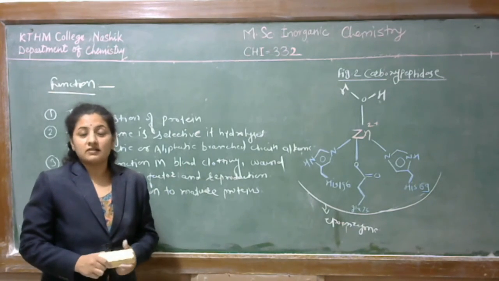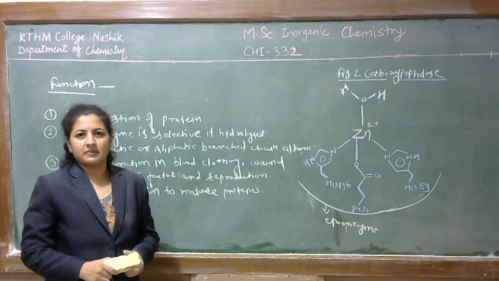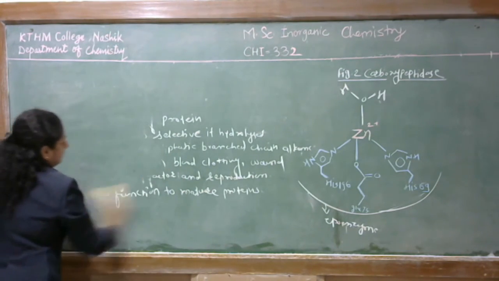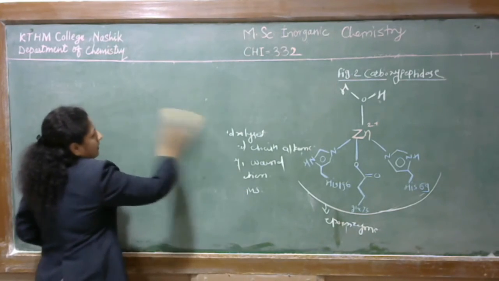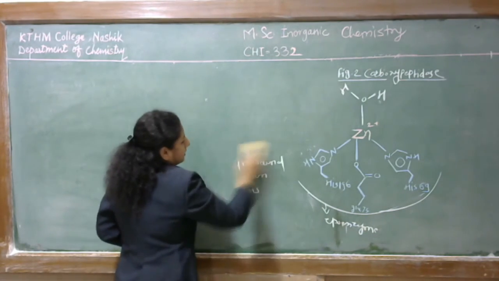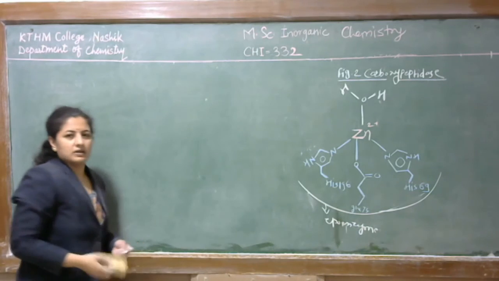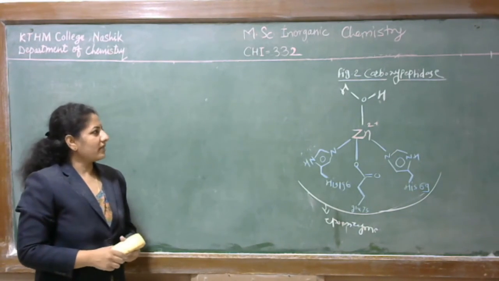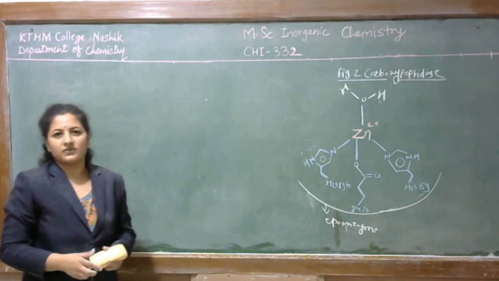Now let's discuss the mechanism of carboxypeptidase. This mechanism acts through the displacement of a coordinated water molecule of the enzyme by the carbonyl group of the substrate molecule.